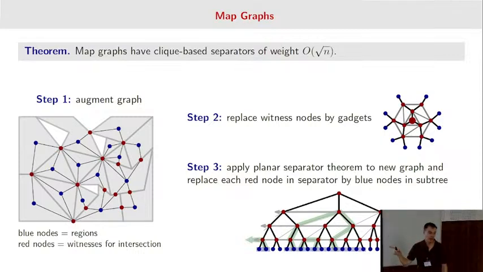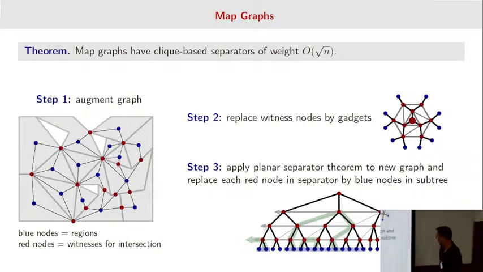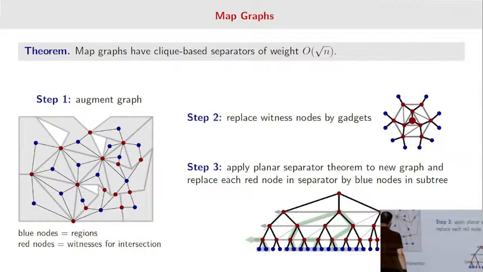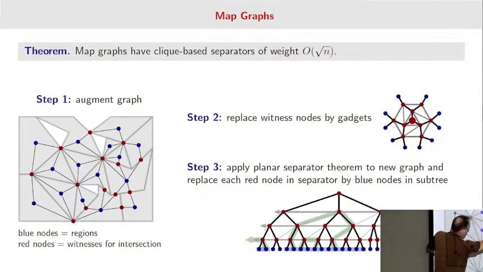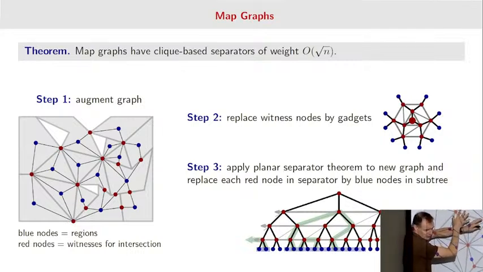if I now apply my planar separator theorem, this gadget does not blow up the size too much, right? Because the size of the gadget was the original degree of this inner node. So the size is fine. And now, if my separator did something like this, then it's maybe separating this part of the clique from that part of the clique.